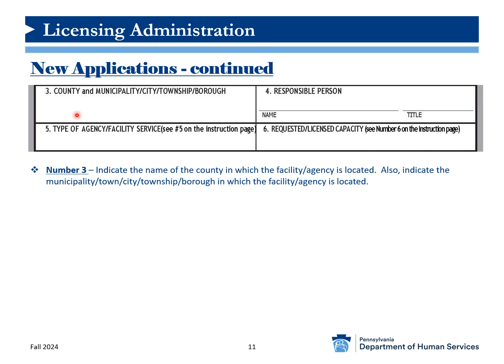In number 3, you will list the county in which the facility or agency is located, and also indicate the municipality, town, city, township, or borough in which the facility or agency is located.